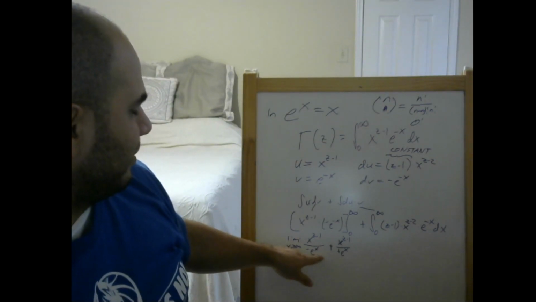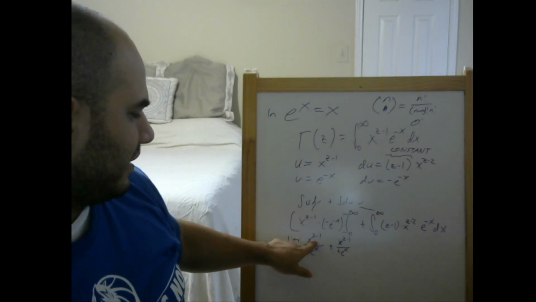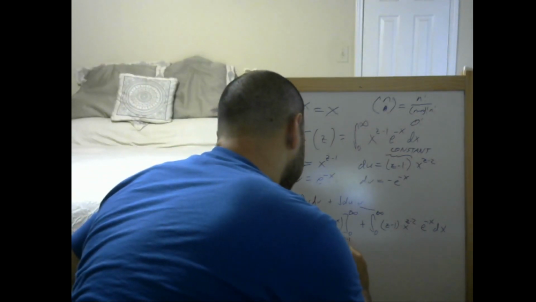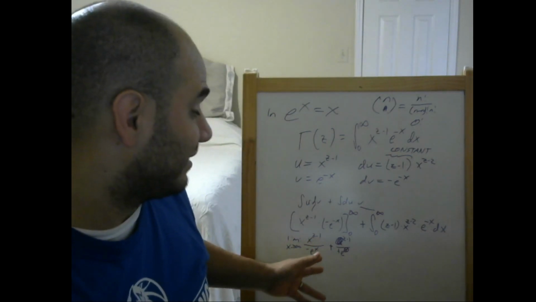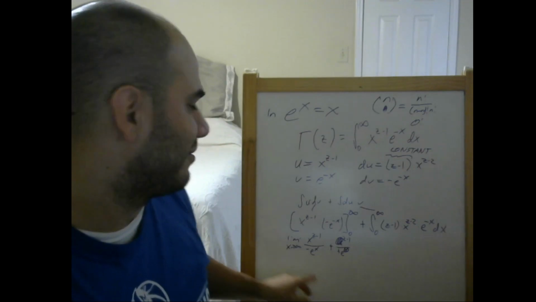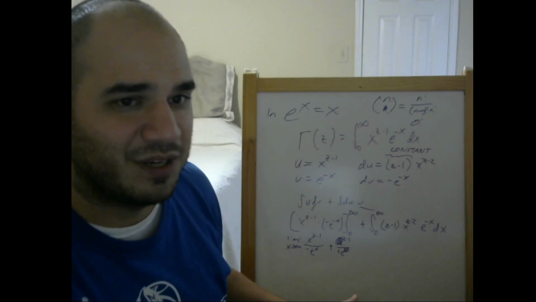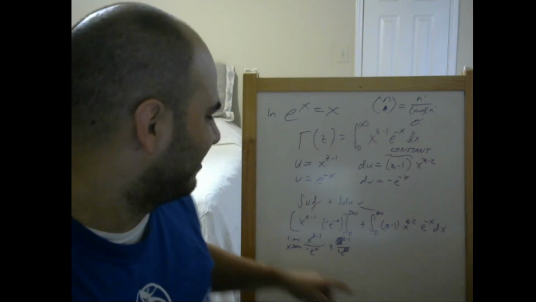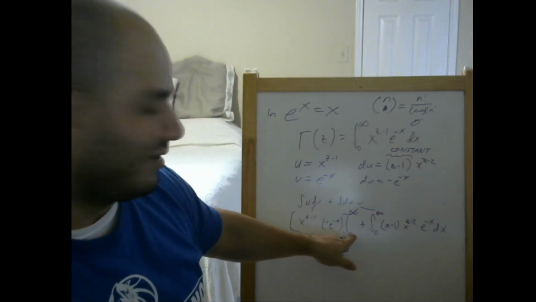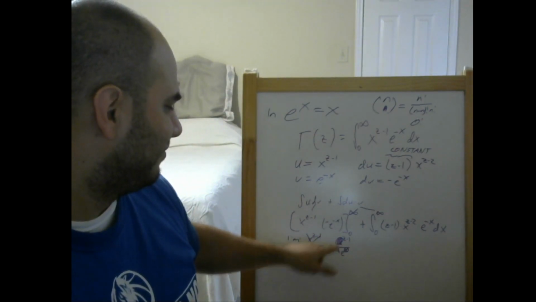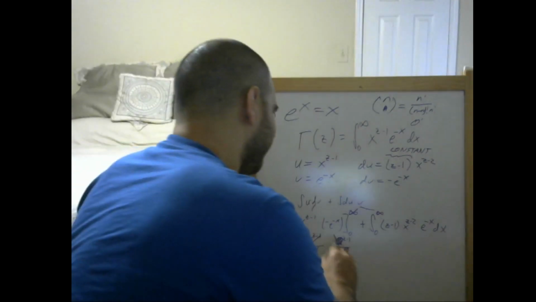So we see that as x goes to infinity, this first one is x to some constant power divided by e to the x, or negative e to the x. Well, the limit of that ratio is always going to be 0. So this one disappears at the upper limit, and then at the lower limit we have x evaluated at 0. So that's 0 over 1. Well, that disappears too.